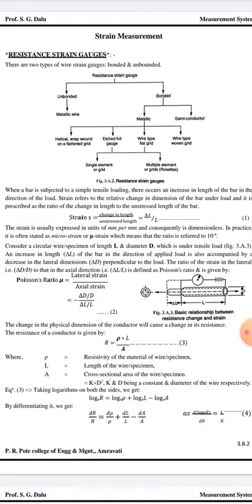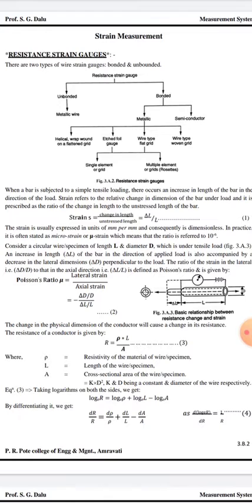Log of R to the base e equals log of rho to the base e plus log of L to the base e minus log of A to the base e. In the numerator there is rho into L, so the logs are added, and area in the denominator is subtracted.